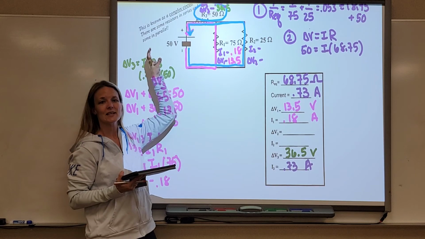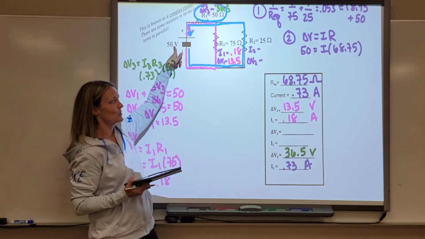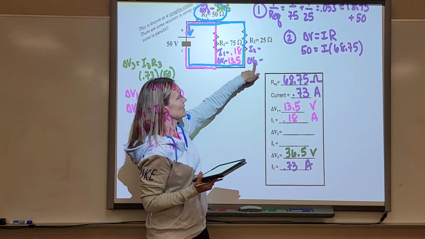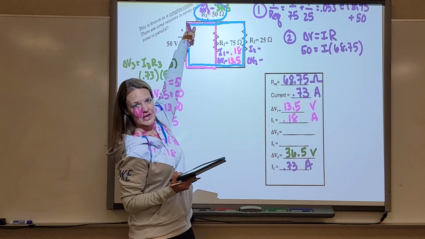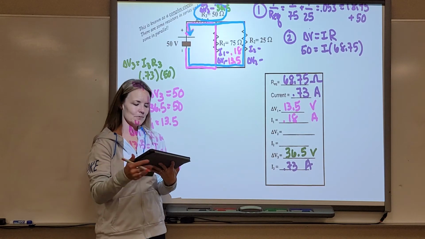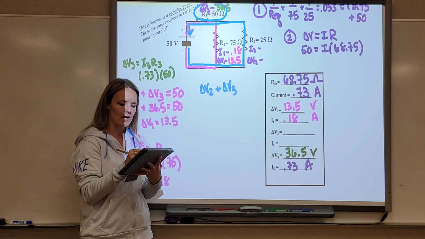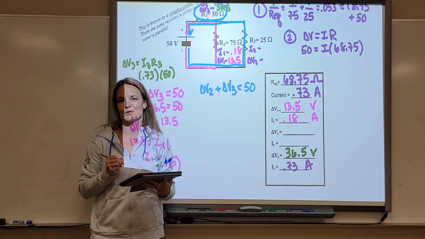So voltages in a loop have to add up to the total, which is 50. So delta V2 plus delta V3 has to add up to 50.